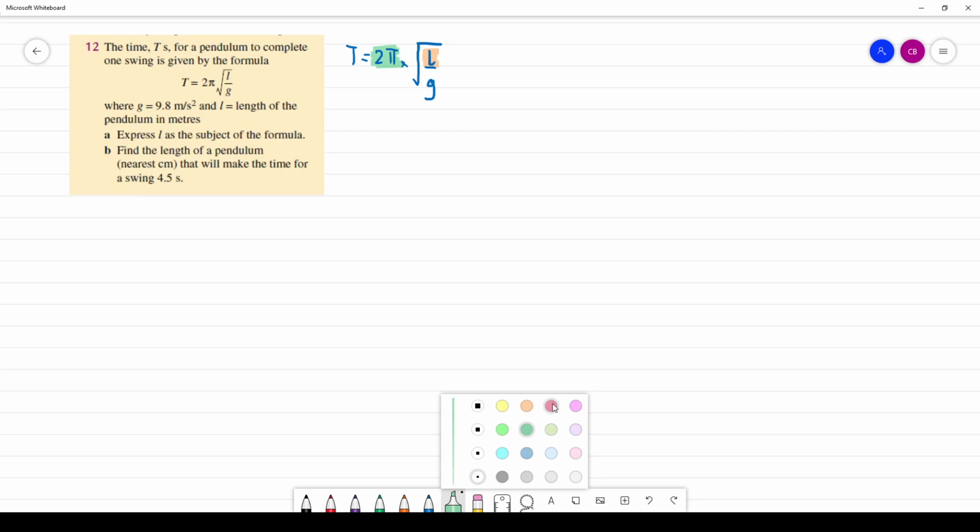I've also got the square root itself. And I've also got a divide by G. Let's use yellow, classic highlighter. So those are the 3 different things I've got to remove to get L to be the subject.